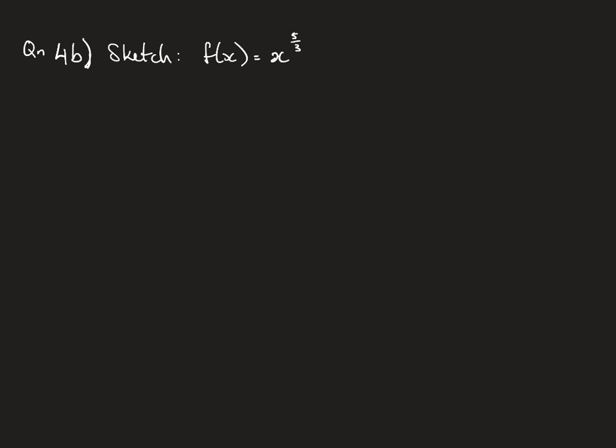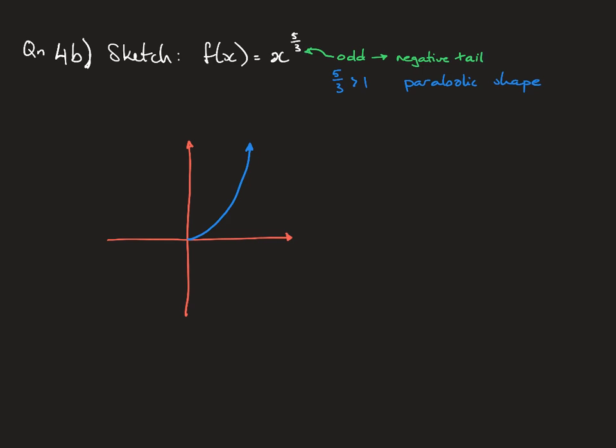But anyway, to sketch this graph, I recognise that the fraction is greater than 1. So the function is going to be parabolic in shape, so I'm going to draw the positive arm for the function. Next, I'm going to check my denominator. The denominator is an odd number. That means that we do have a negative tail, so the graph's going to continue somewhere over here.